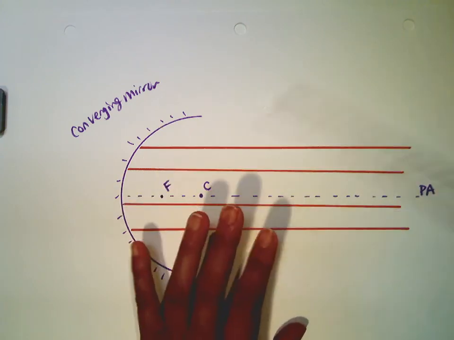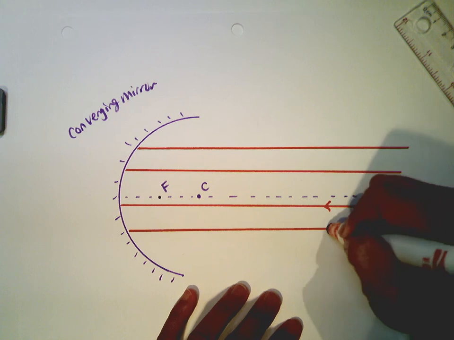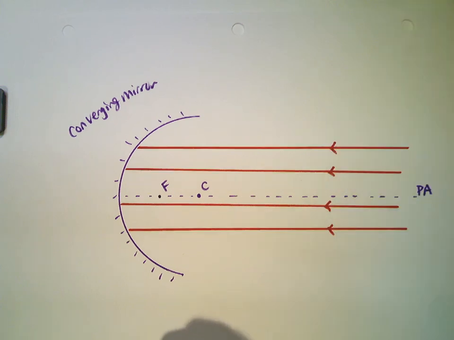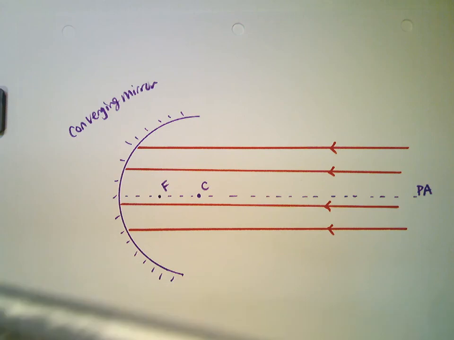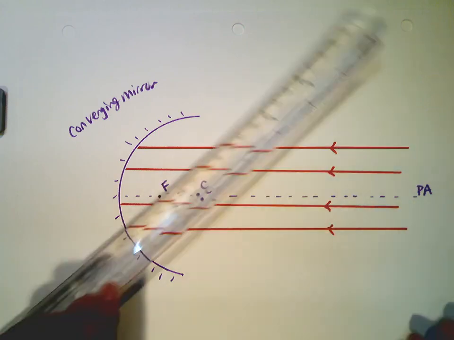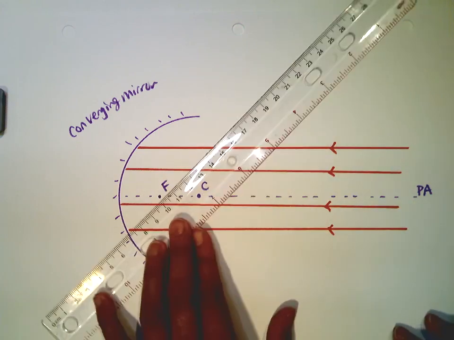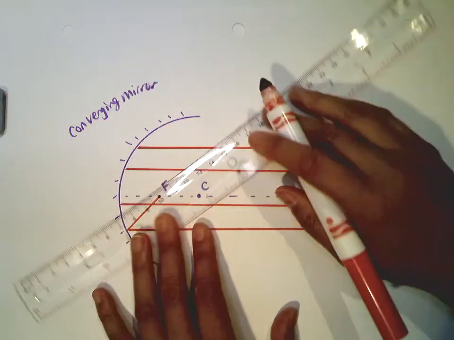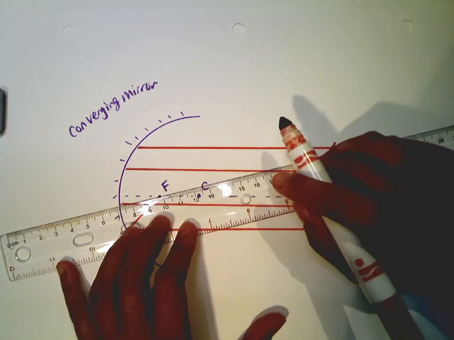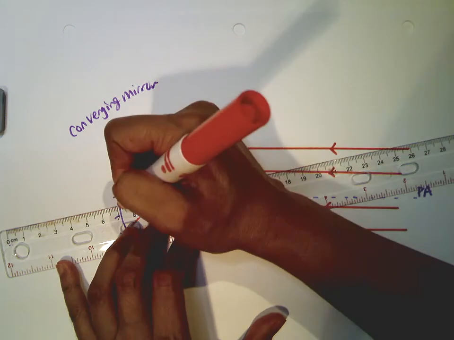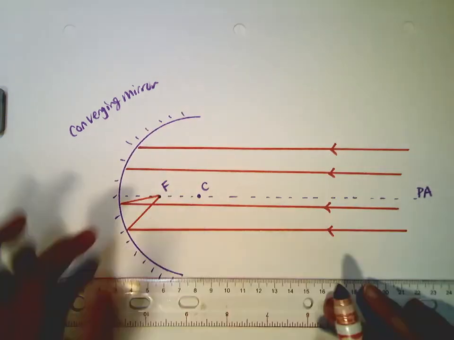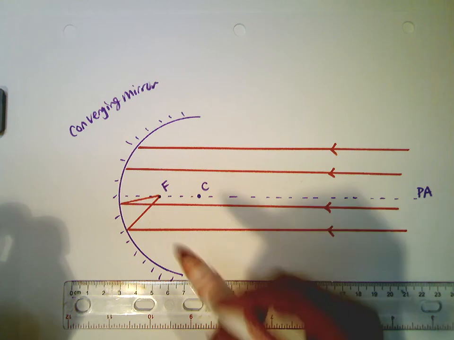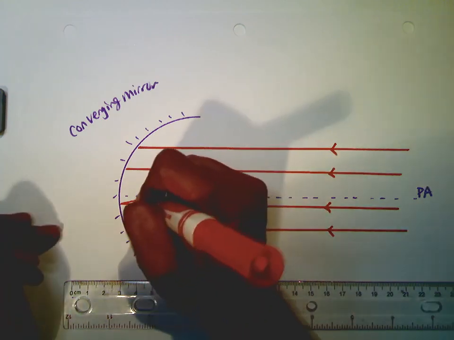Okay. So this here is a light coming in. Each light beam is going to reflect off the mirror, and it's going to go through the focus. So here's the first one, right? Here's the second ray. It's going to go through. And if you want to double check to see if the angle of incidence equals the angle of reflection, yes, you can for each one if you like.